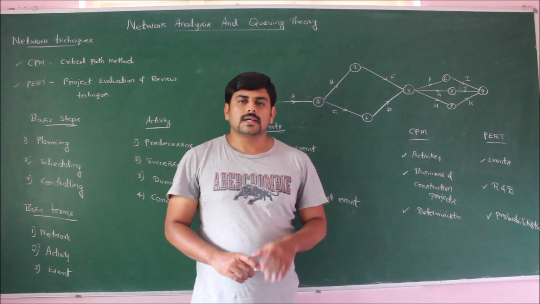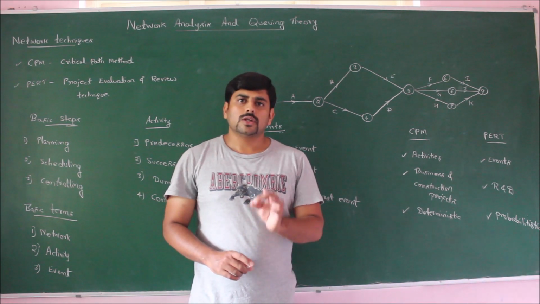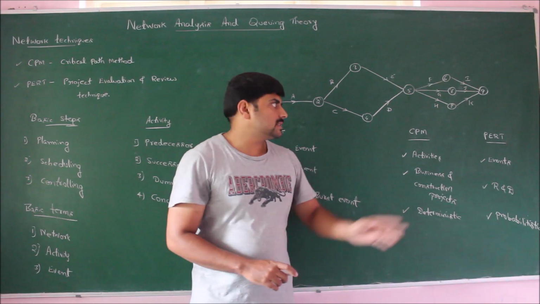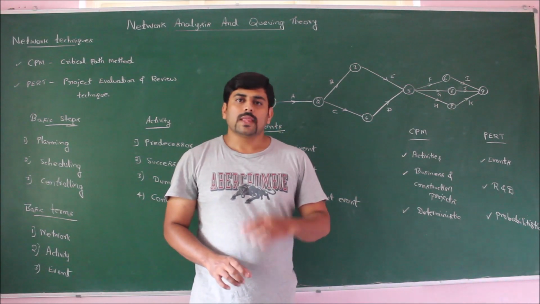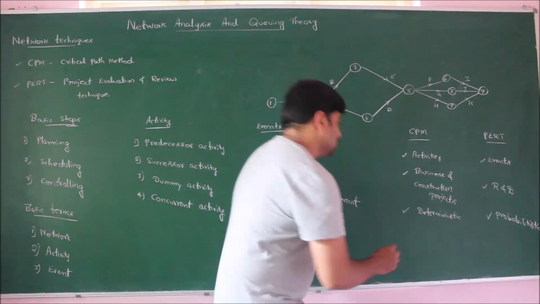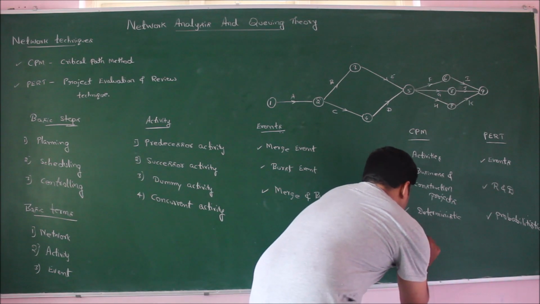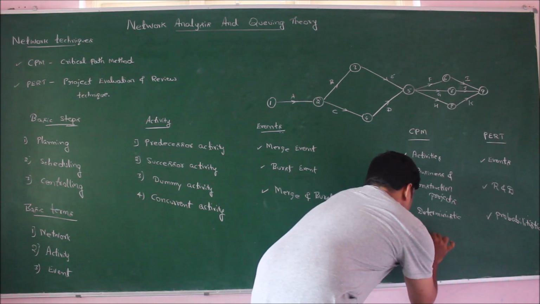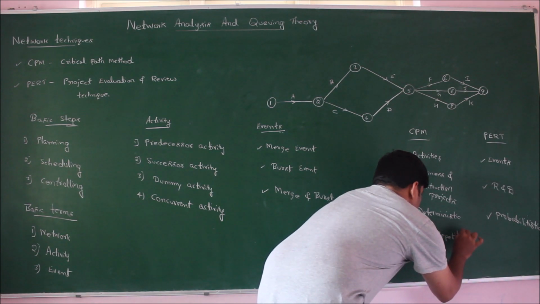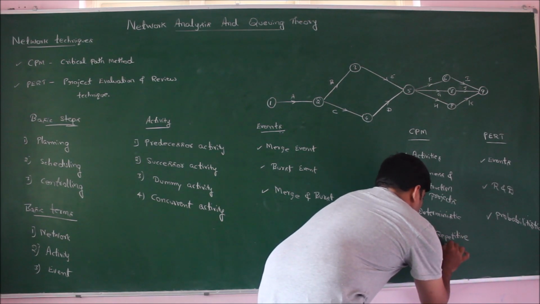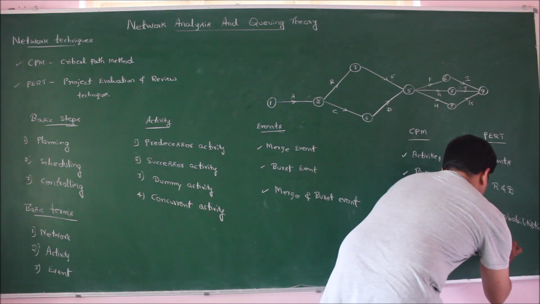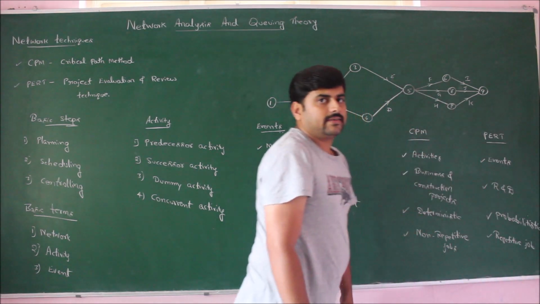The next difference is CPM is used in non-repetitive jobs and preferably for small projects, whereas PERT is used in repetitive jobs and it is employed for big projects. That is, CPM is used in non-repetitive jobs, whereas PERT is used in repetitive jobs, which is nothing but activity.